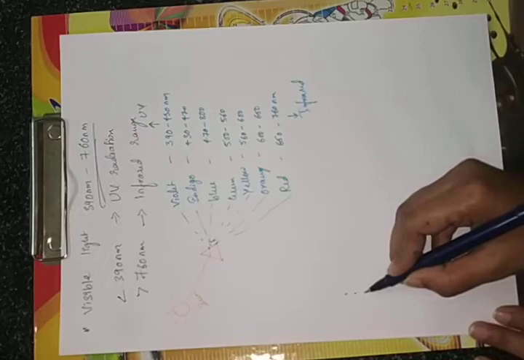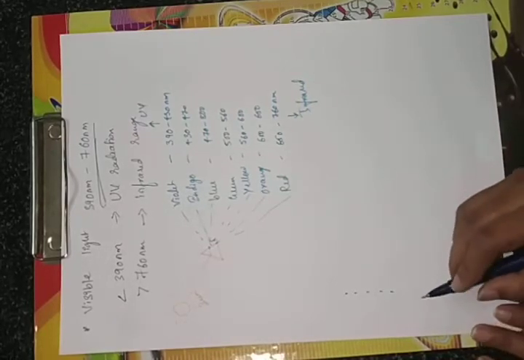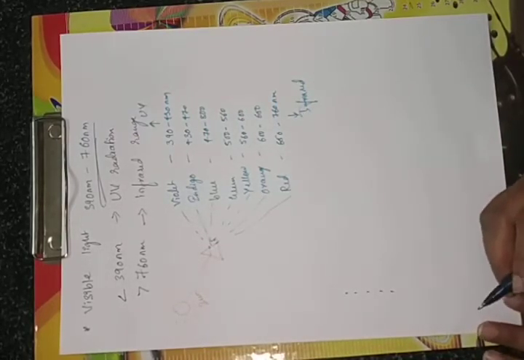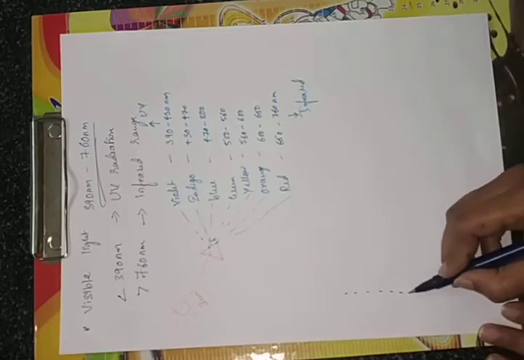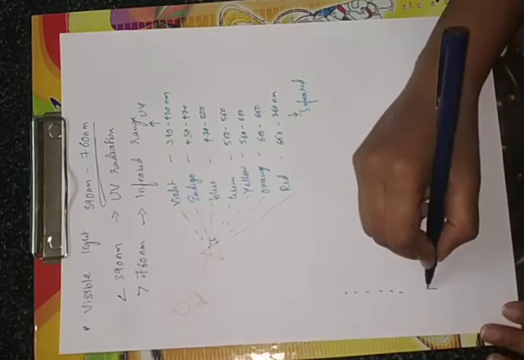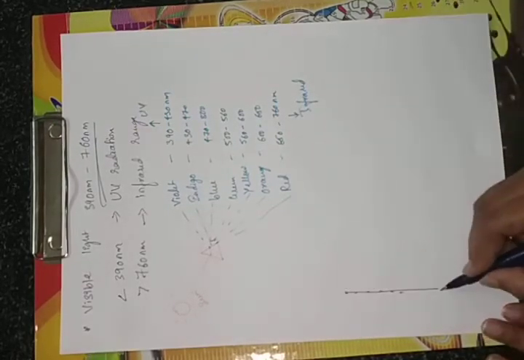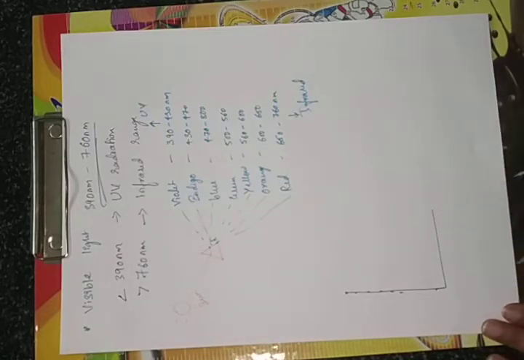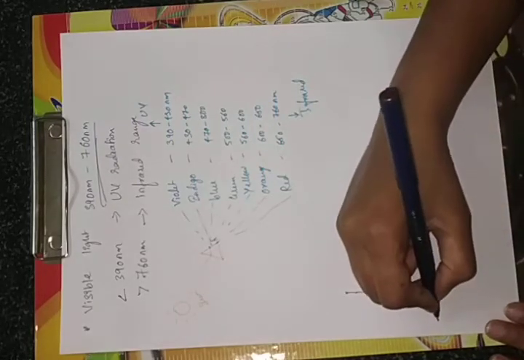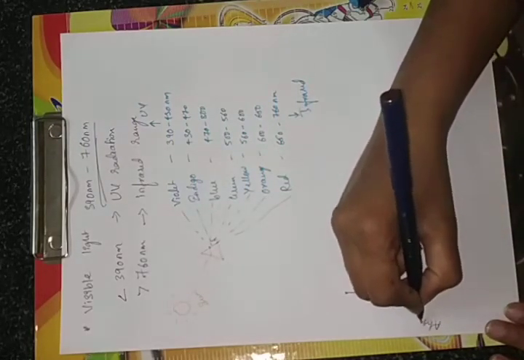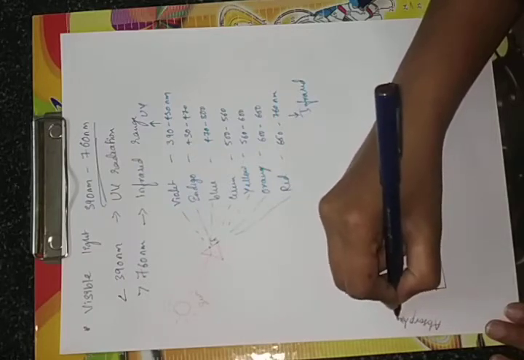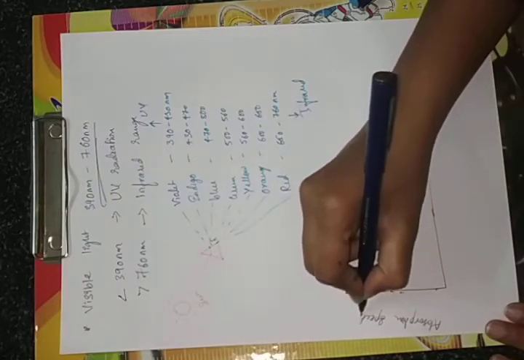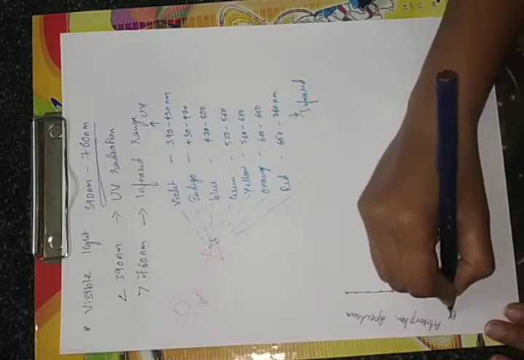Okay, this is the graph which is showing the absorption spectrum. Absorption spectrum of chlorophyll A. This is one axis, this is another axis. The graph is showing what, children? It is showing absorption spectrum of what?